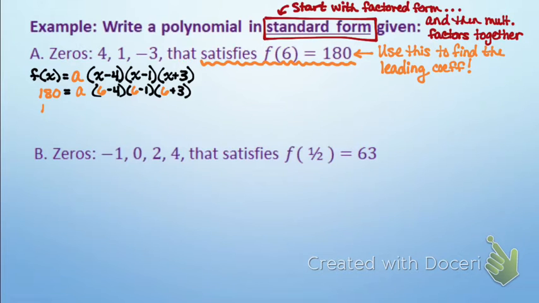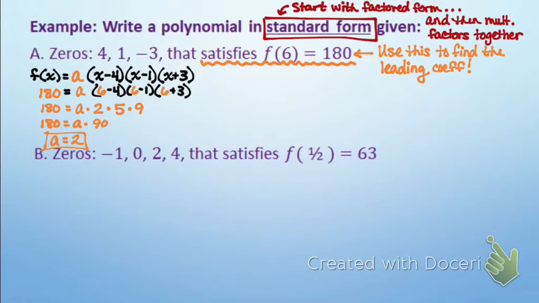All right, so I have 180 equals a times what? 2 times 5 times 9. 2 times 5 is 10. 10 times 9. So I have 180 equals a times 90. So what is our leading coefficient, our value for a? 2.